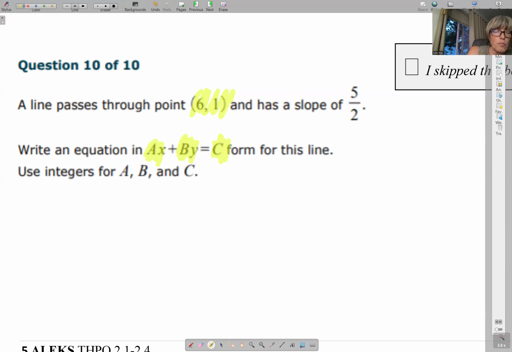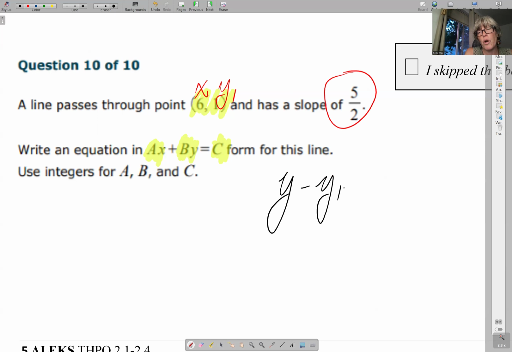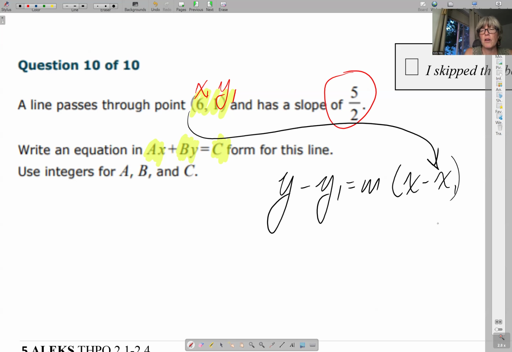So because I have a point, x1, y1, and a slope, I'm going to use point slope form to begin with. So I have y minus y1, slope x minus x1. Now plunk my x there, which is 6 and 1, and my slope is 5/2.